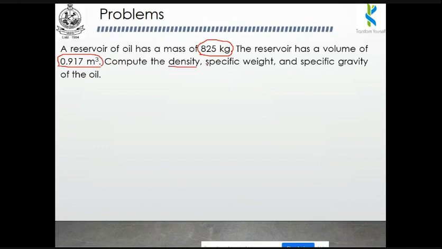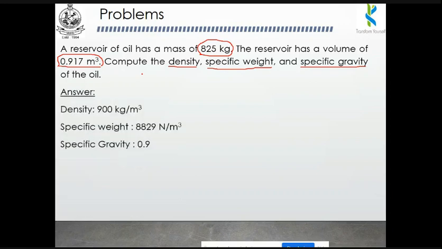So we have to find the density, specific weight, and specific gravity of the oil. Here the mass and volume are available. So you can start with density, then find the specific weight, then finally find the specific gravity.